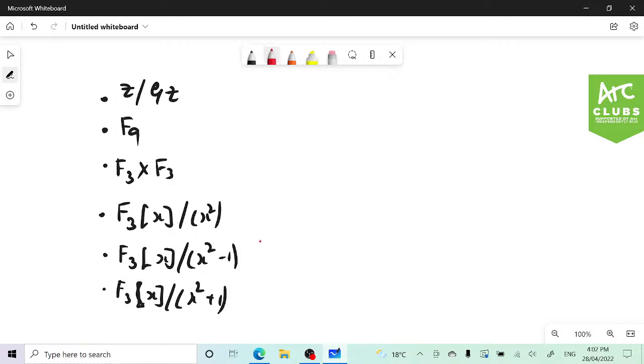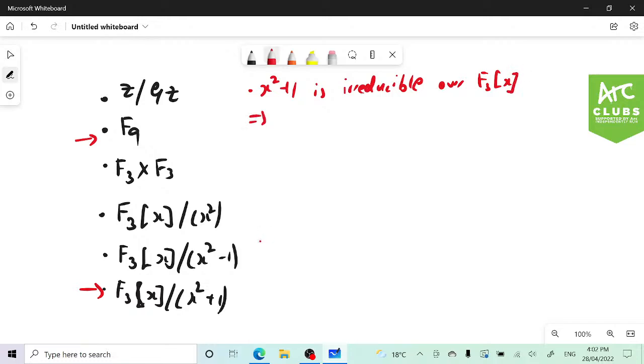Okay, so the first thing to look at is these two things here. Notice that x squared plus 1 is irreducible over F3[x].